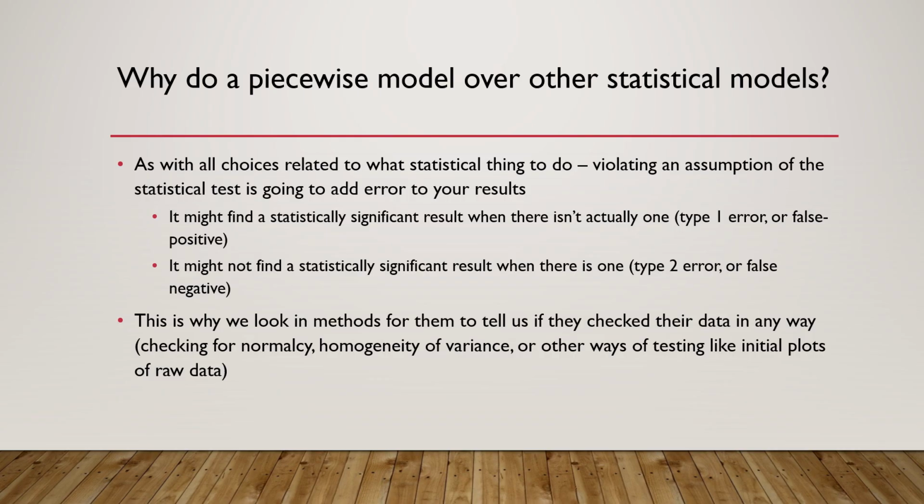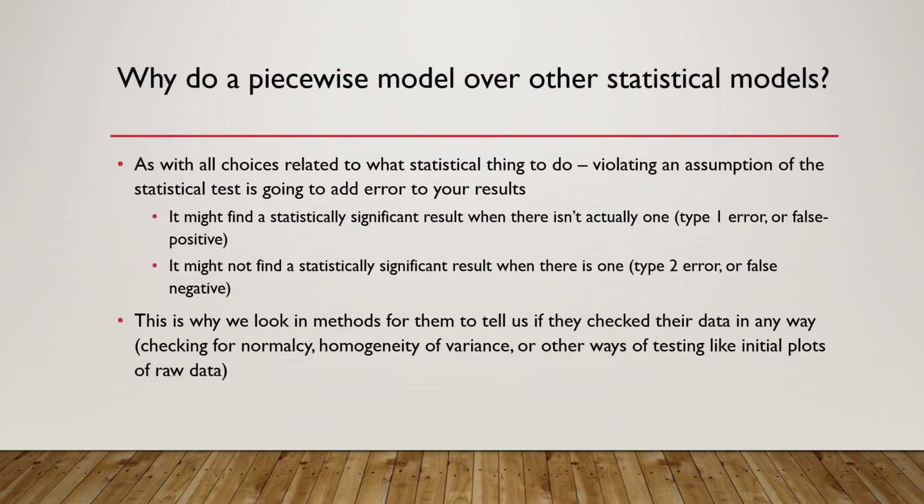So ideally in methods, we look for them telling us that they have checked their data to know what the behavior of their data looks like, to know what statistical tests are appropriate. So that's when we see them talking about things like checking for normalcy. So does it look like a bell-shaped curve? Are there weird skews to the data?